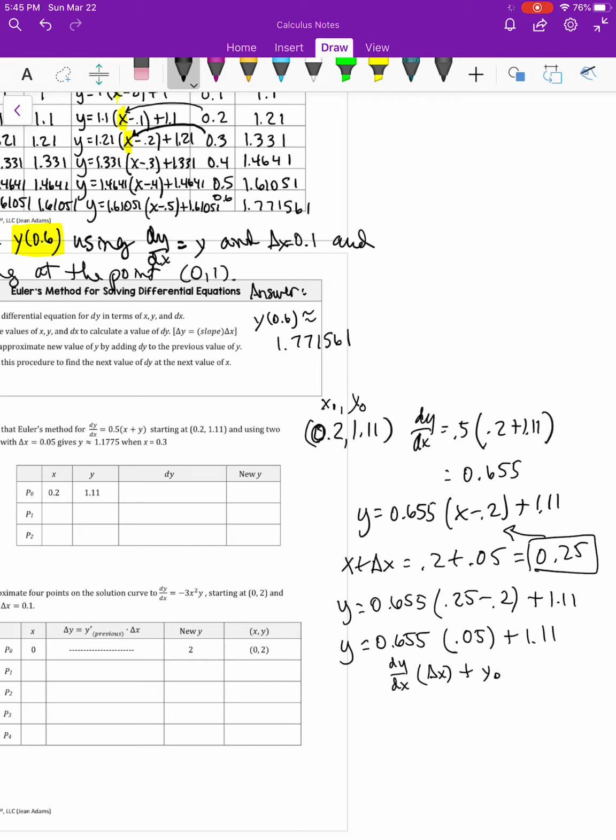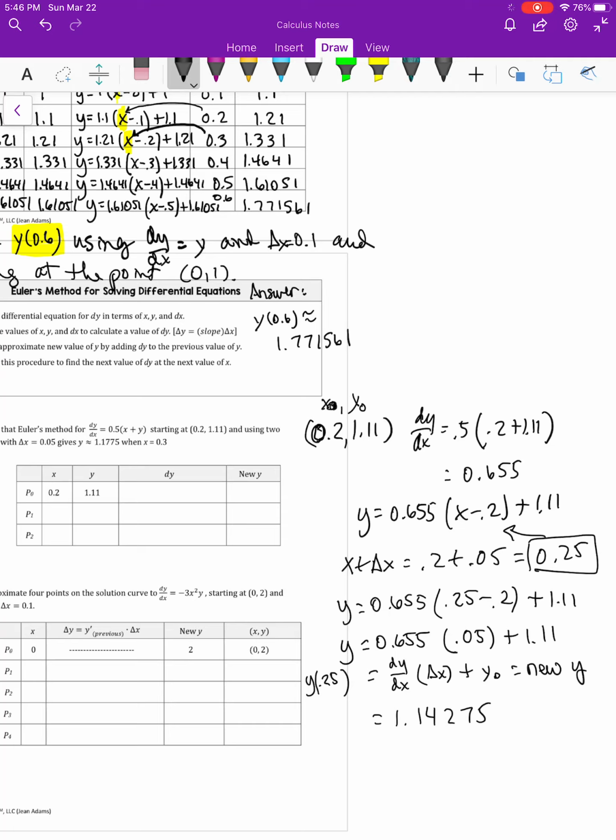Because this is our initial x and our initial y. And so you can see how this is going to give me my y of 0.25. So this is going to be my new y value. And when I do that calculation here, I should get 1.14275. I think that's what I got.